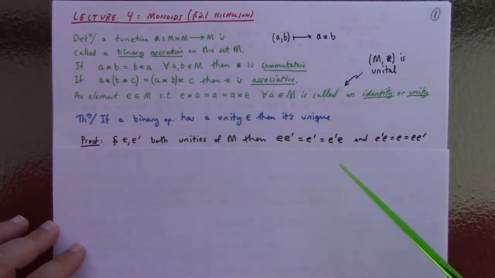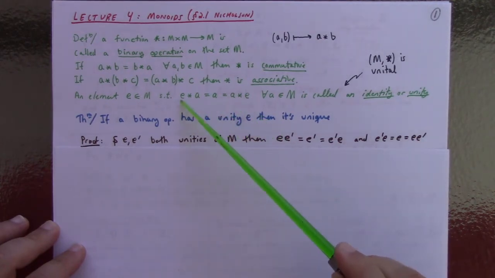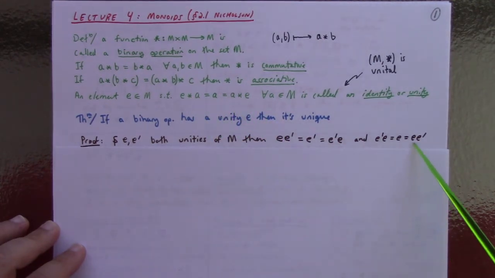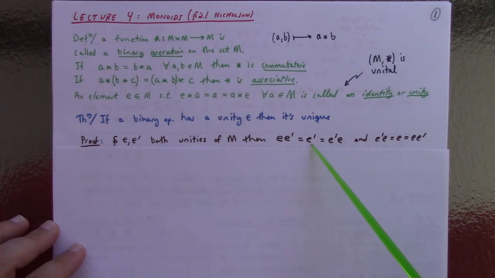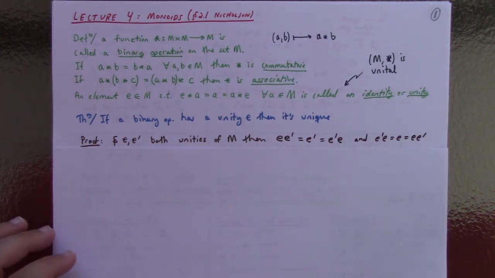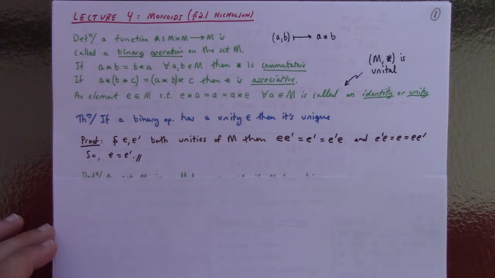But on the other hand, if e prime is the identity, then we can take a equals e in the definition, and it gives us e e prime equals e. But you notice that e e prime is equal to e e prime, which means that e prime is equal to e. So there you go. The identity, when it exists for a binary operation, is unique.